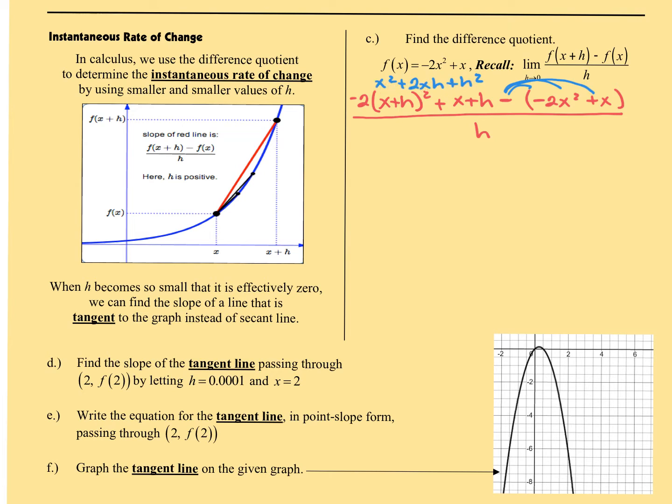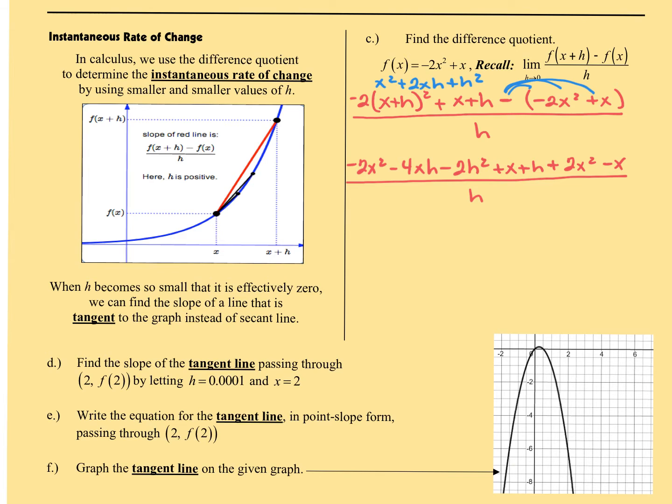And that's going to give me a negative 2x squared minus a 4xh minus a 2h squared. Okay. Plus, I still have that x plus h. And now when I start to distribute, I'm going to get a plus 2x squared minus an x. And this whole thing is still over h.